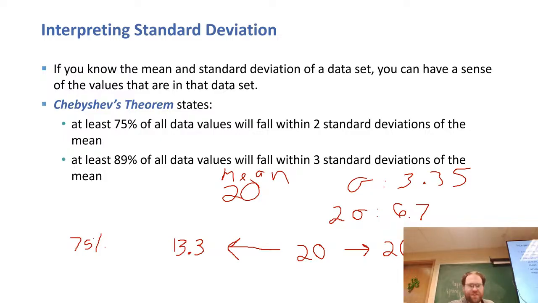I'll just get those values back here real quick. So it was 21, 25, 20, 15, 18, and 21, right? Are at least 75% of those values between 13.3 and 26.7?